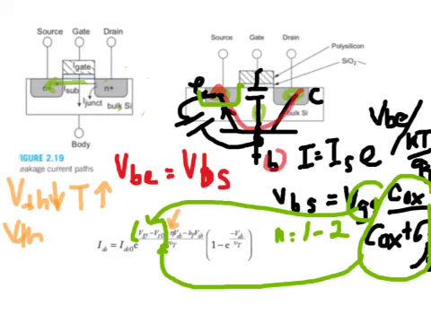VTH is also related to L, the length of the channel. So with a shorter channel, VTH actually decreases. So this is why the leakage currents are more pronounced in short channel devices.